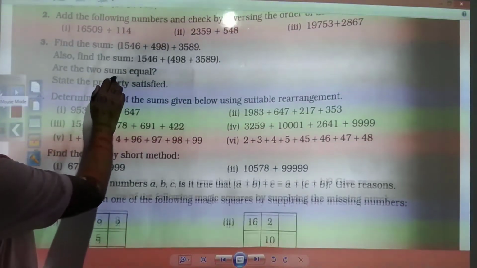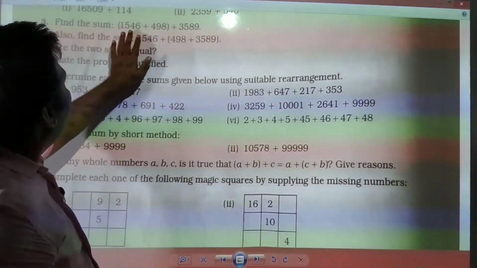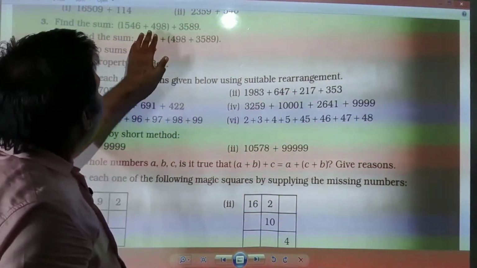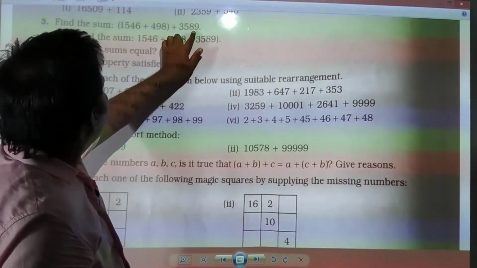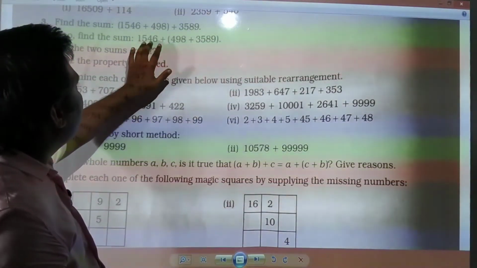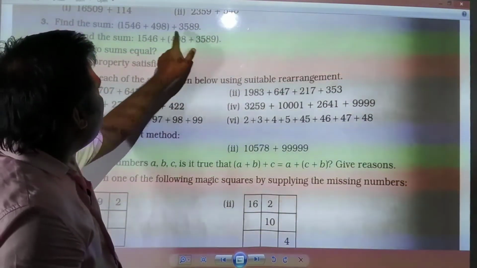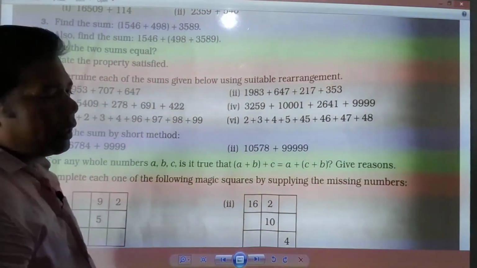Question number 3. Find the sum 1546 plus 498, in brackets, plus 3589. Also find the sum 1546 plus 498 plus 3589, in brackets. Are the two sums equal? State the property satisfied.